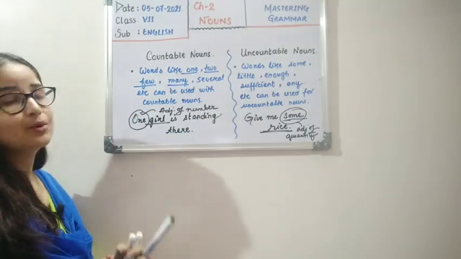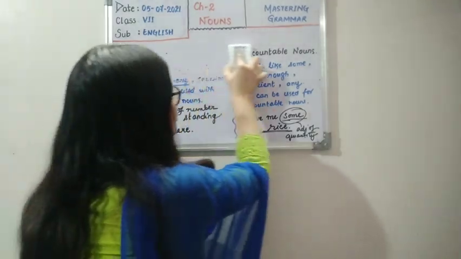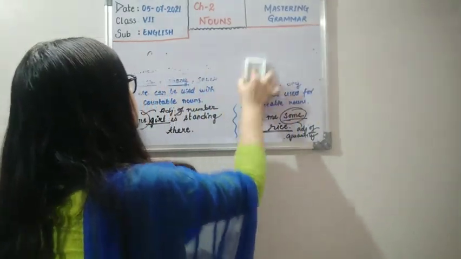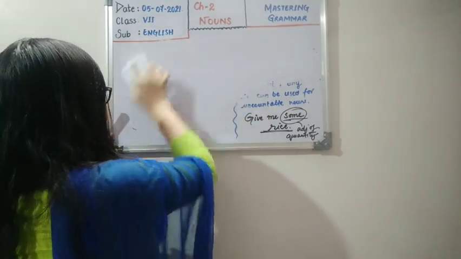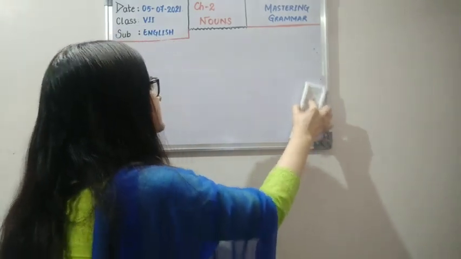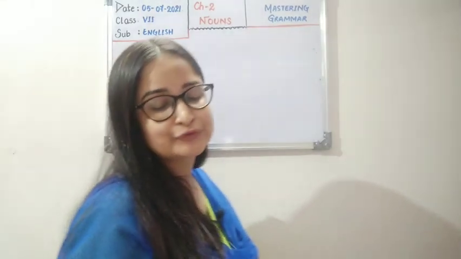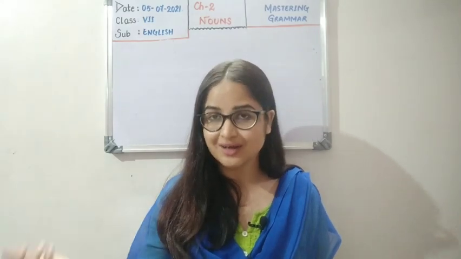Okay children, now moving to the next point: which words can we use with an uncountable noun if we want to measure the actual quantity? You might have heard, give me a piece of cake, give me a slice of bread. This slice of, piece of, cup of, these phrases actually tell us the amount of the uncountable noun.